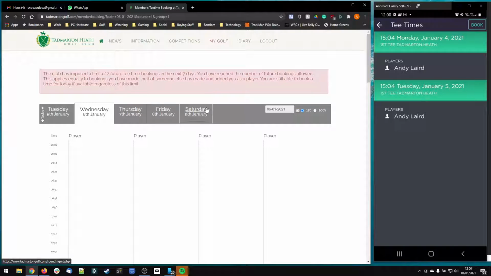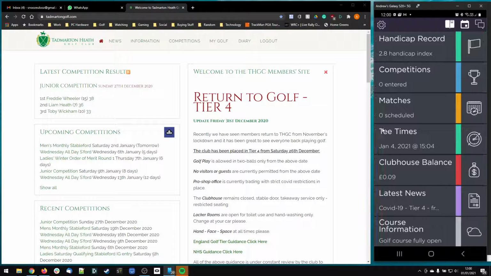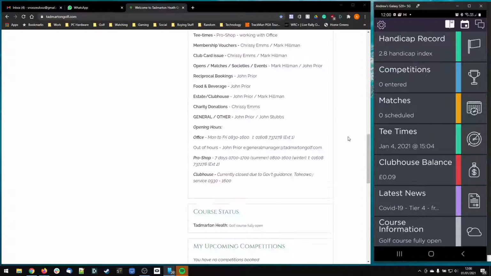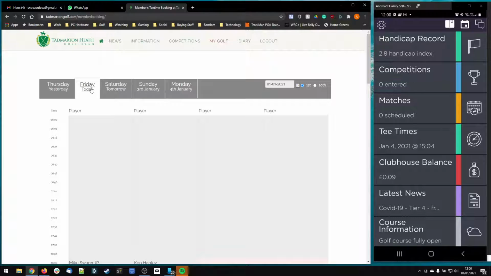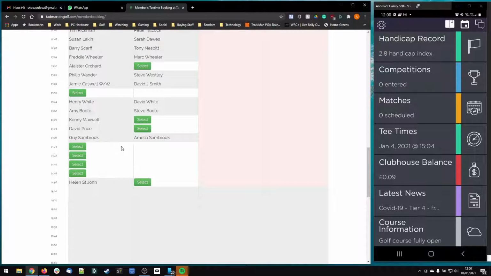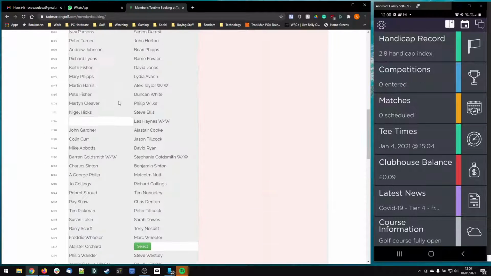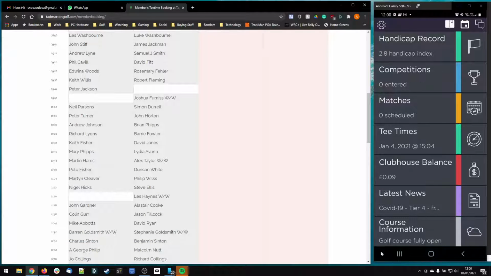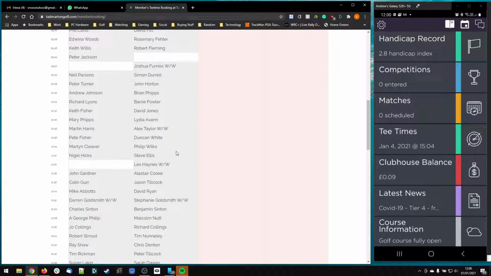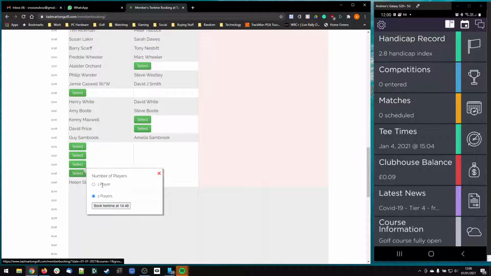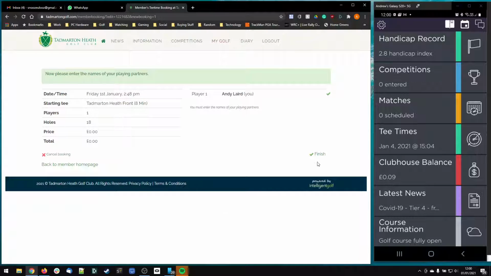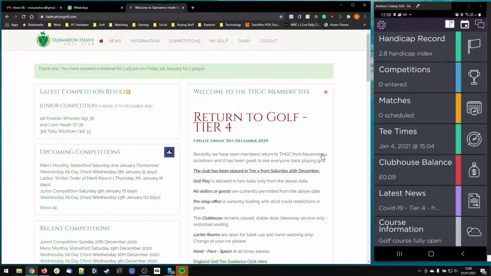So how does that work for today, for example? From home, on both of them, I just use the website for ease. I can go book a tee time, and today you'll notice that any earlier ones for today are empty because it's actually past that time. It's 11:20. So you'll notice I'm actually able to book anything for today, because today does not count towards my future bookings, because today is day 0.